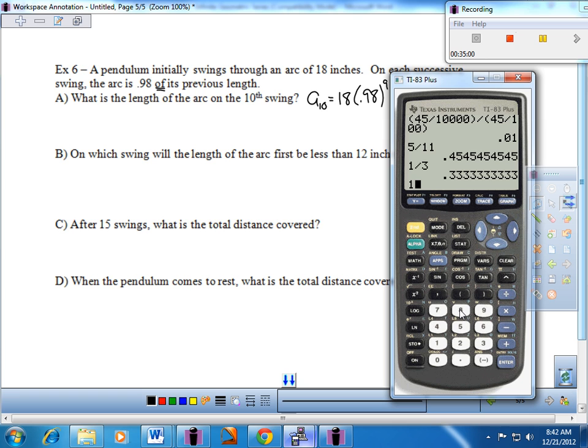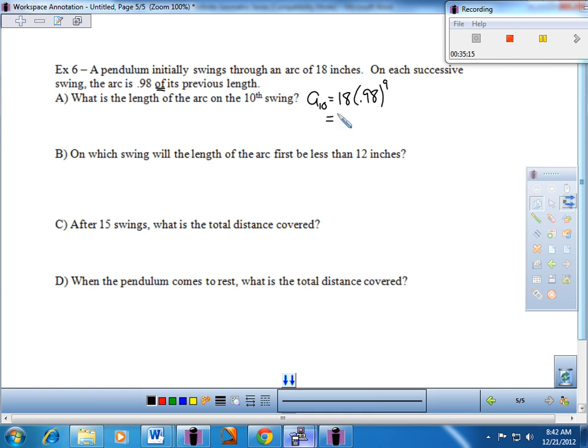And so let's see, 18 times 0.98 raised to the 9th. And so we get just over 15 inches in this case. 15.007 inches. All right, great. So again, it's a sequence. In this case, I'm just looking for a particular value in the pattern of numbers.